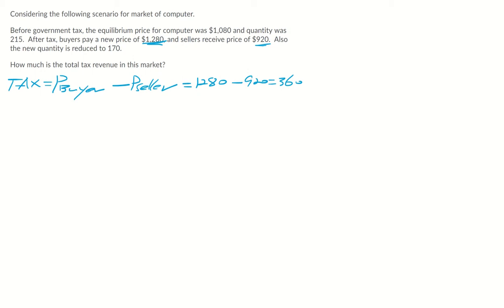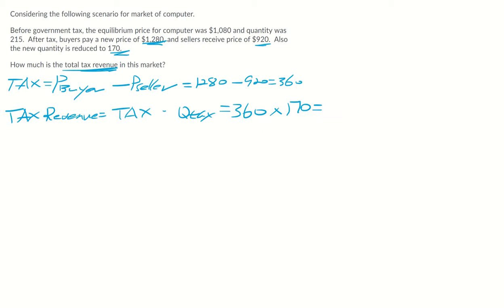And then the second question this might be asking for is how much is the total tax revenue for this market. To find the total tax revenue, just take your tax per item times the quantity with tax. Now the tax per item we said is 360, and the new quantity is 170.